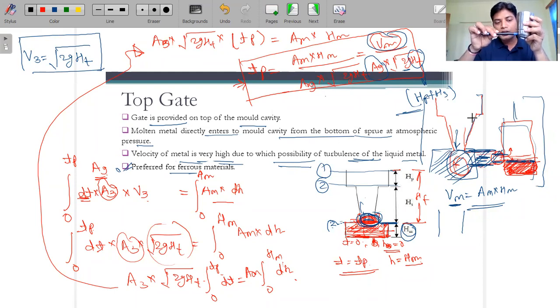The complete molten material comes through this pipe and fills like this. So these are the two differences. Top gate means the molten material comes from the top and goes downward, and in the bottom gate the molten material comes from the bottom and moves upward. This is the basic difference.